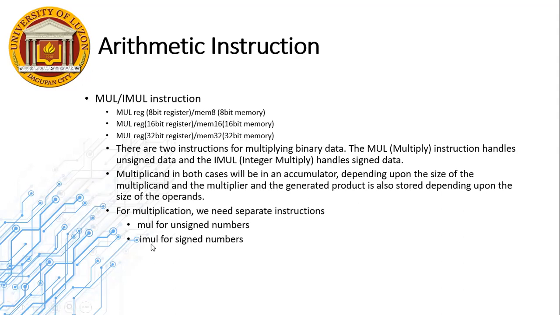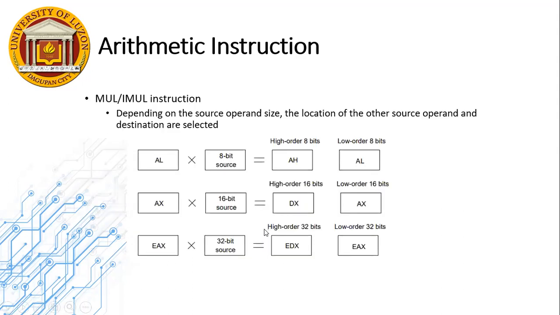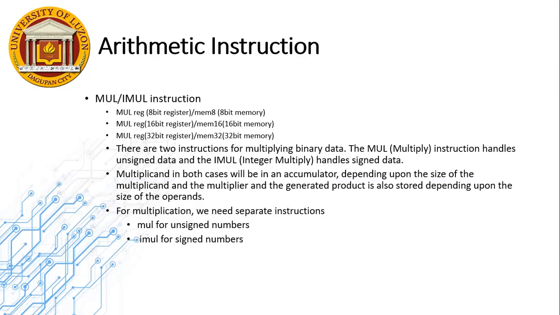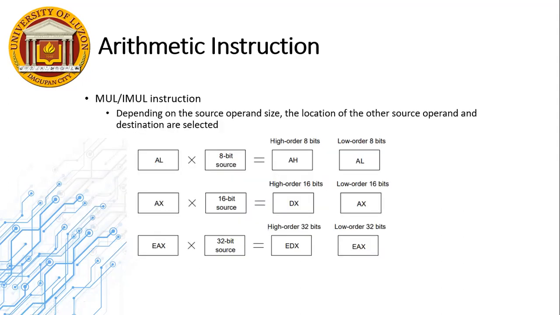As mentioned above, we have two separate instructions for multiplication, the MUL and the IMUL. This is the diagram which states here that depending on the source of the operand, the location of the other source and operand destination are selected.